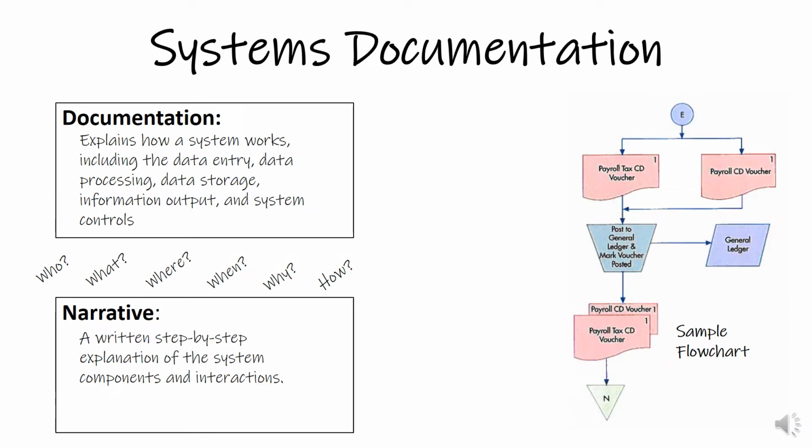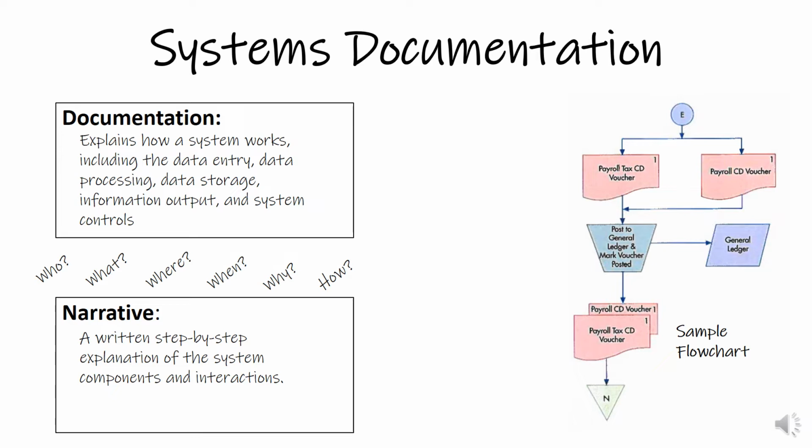are a written step-by-step explanation of the system components and its interactions. The image at left shows the payroll process used in an organization. Specifically, it shows the process by which the accounting manager enters the cash disbursements for payroll into the general ledger.